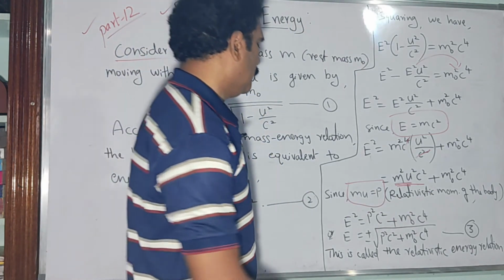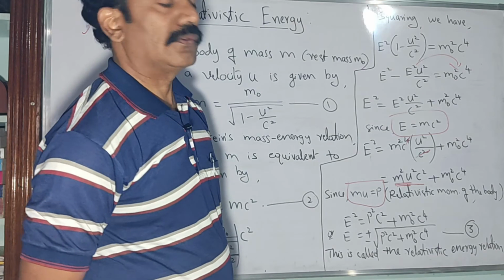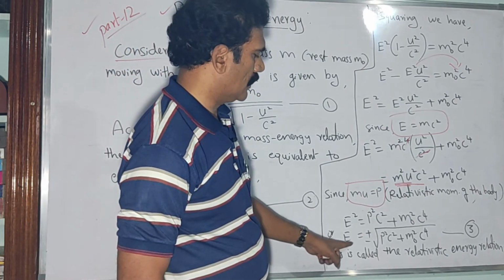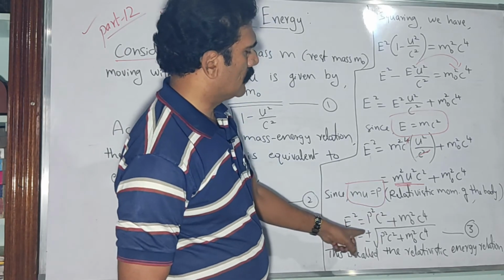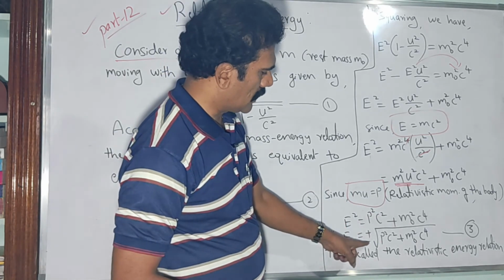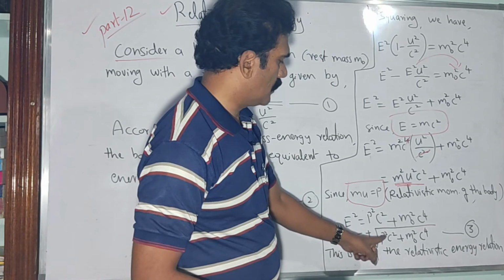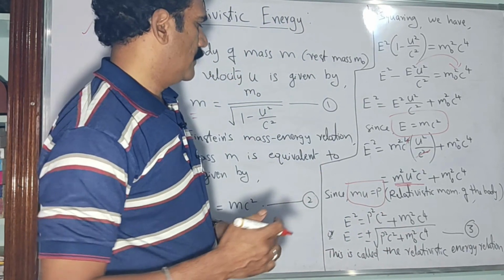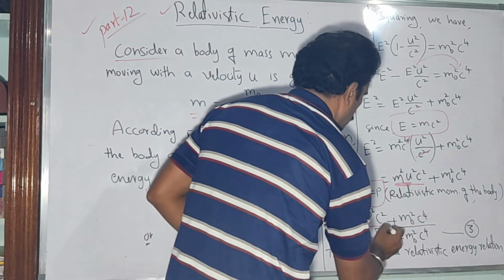Then to get the energy equation, I will take the square root on both sides. E square becomes E, is equal to, on the right hand side once you take the square root, plus or minus square root of p square c square plus m naught square into c to the power of 4. That is the simple equation for the energy.